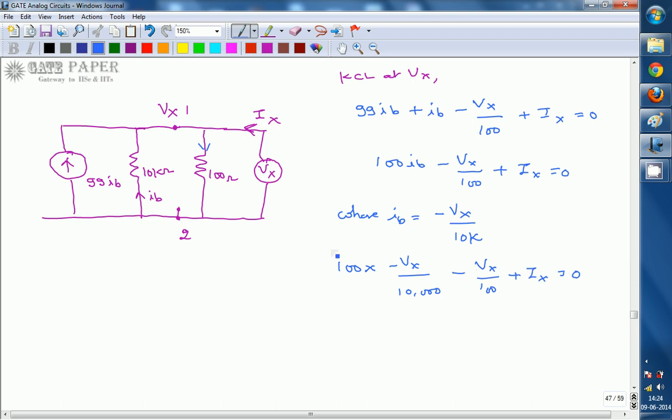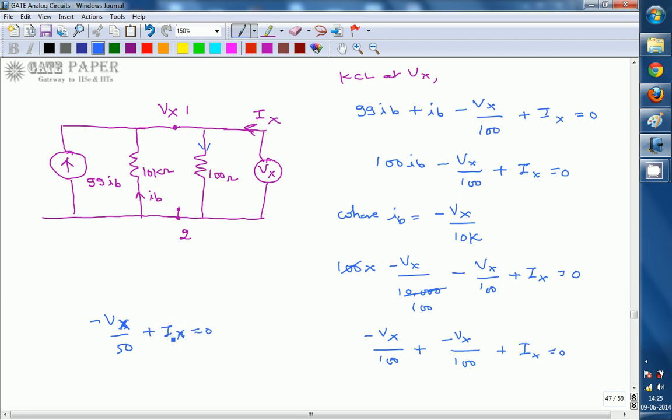The 100 and this 100 cancel, and over here you get 100 as well: minus Vx by 100 minus Vx by 100 plus Ix is equal to 0. Vx by 100 plus Vx by 100 gives Vx by 50, so minus Vx by 50 plus Ix is equal to 0.